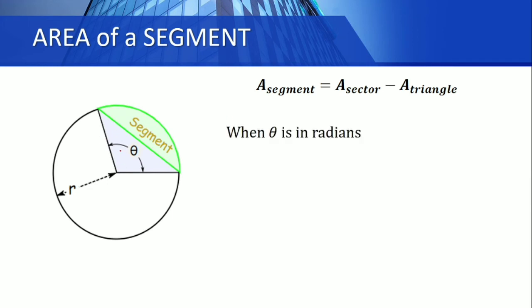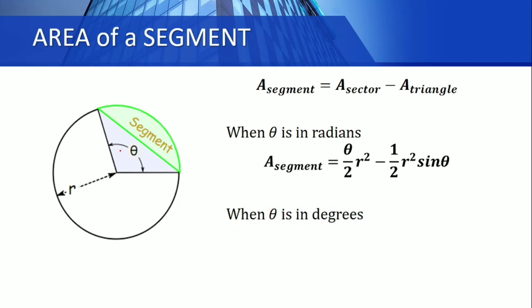So, kapag yung theta natin is in radians, so area ng segment natin will be theta over 2 times r squared minus 1/2 r squared sine theta. So, kapag naka-degrees naman, so ganun din. Yung area ng segment natin is area ng sector minus area ng triangle. Yung sector natin, kapag naka-degrees, sabi natin kanina, so theta over 360 times pi times r squared.